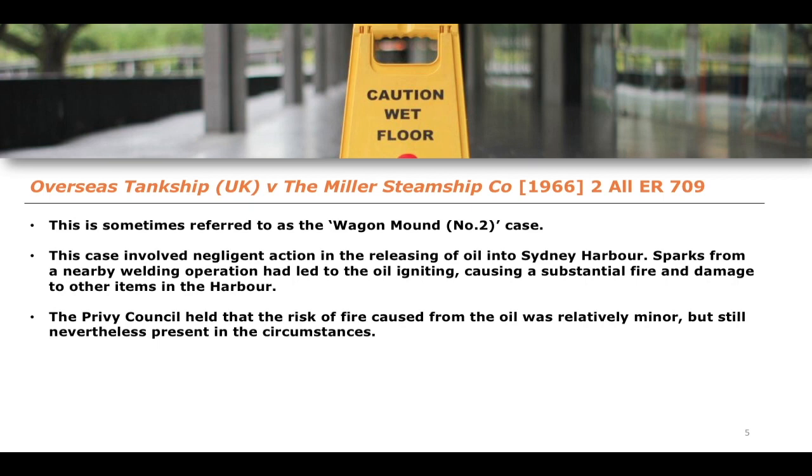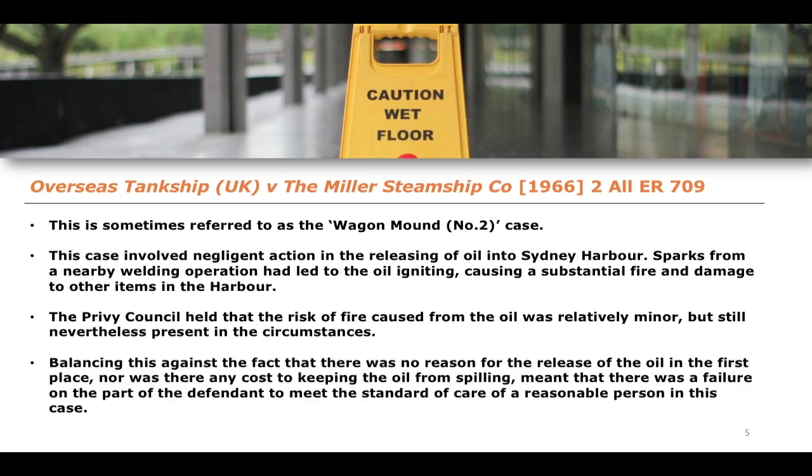Given the fact that it was floating on top of the water, and given the fact that the welding operation was a little bit further away than the oil tanker, it was seen to be the case that there was a relatively low magnitude of risk in terms of the risk of the oil actually catching fire. No one really believed that would be something that would happen. But however, it was still nevertheless present. There was still a risk that existed.